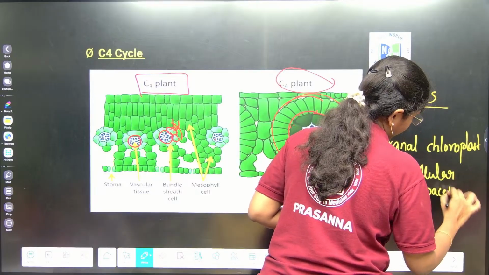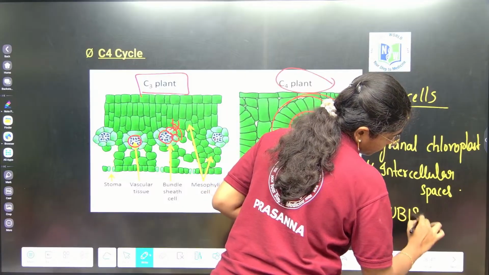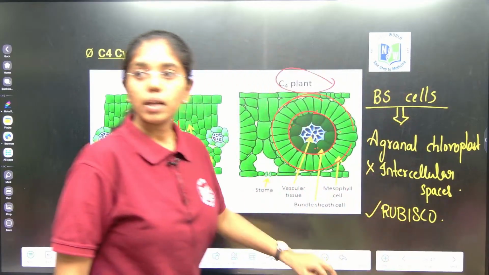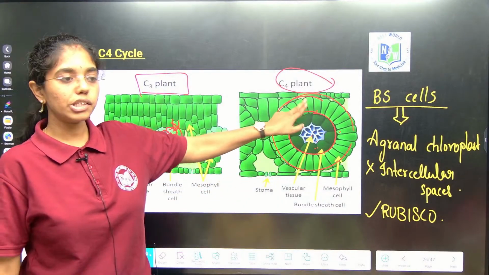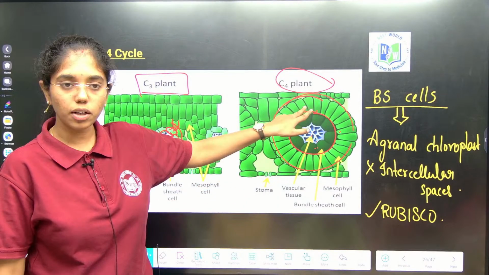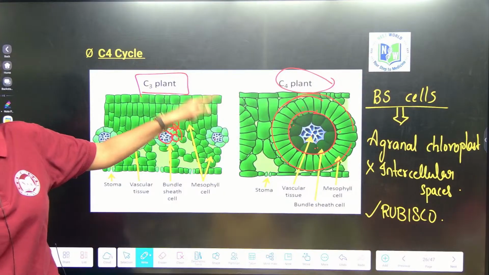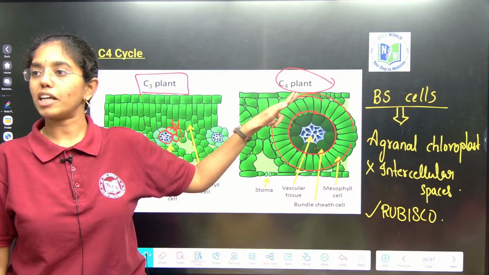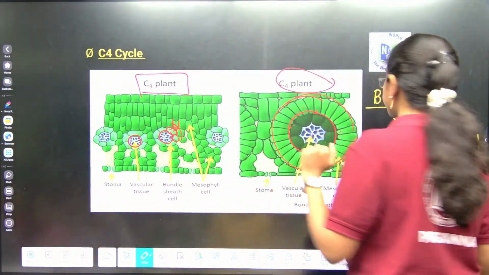They are abundant in the enzyme rubisco. These are the 3 main points that you have to note with respect to bundle sheath cells. There are no intercellular spaces. They are connected to mesophyll cells via plasmodesmatal connections. They have agranal chloroplasts, meaning grana is absent in the bundle sheath cells.